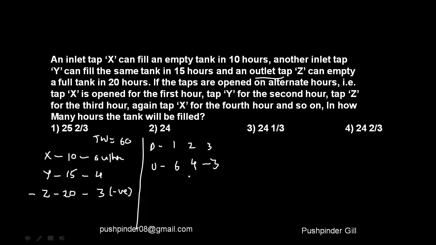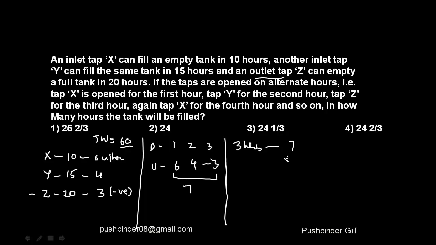So that means in a span of 3 hours, 7 units are filled. X is opened for the first hour, Y for the second, and Z for the third. So every 3 hours, he fills in 7 units.